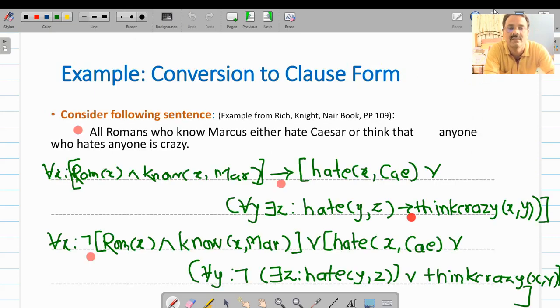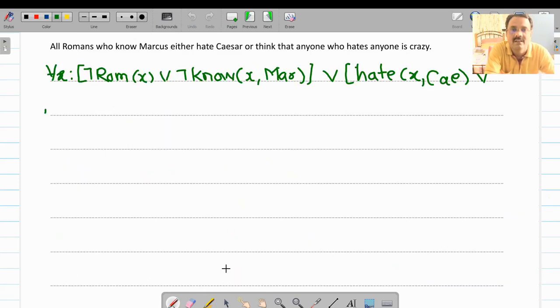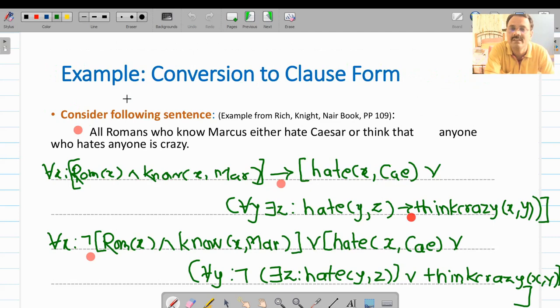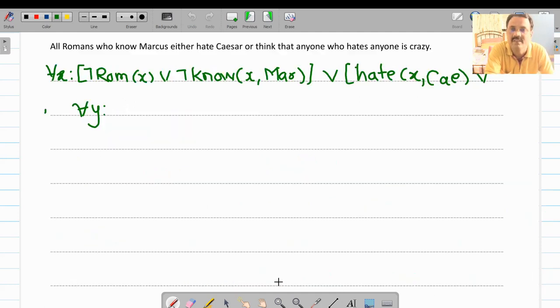Now after this part, for all y as it is, so next line I will do that, for all y. Now after this we have there exists z, not of whole this, so De Morgan's law we are applying, so this will become for all z.